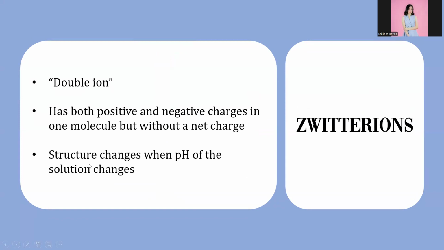The structure of these Zwitter ions change when the pH of the solution changes. If you are in an acidic solution, it will accept protons and be more positive. In a basic solution, it will lose protons and become more negative. Okay, so what does that look like?